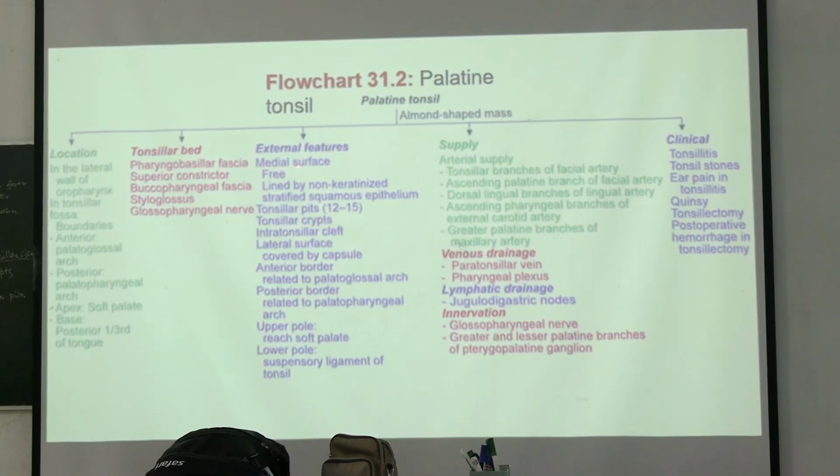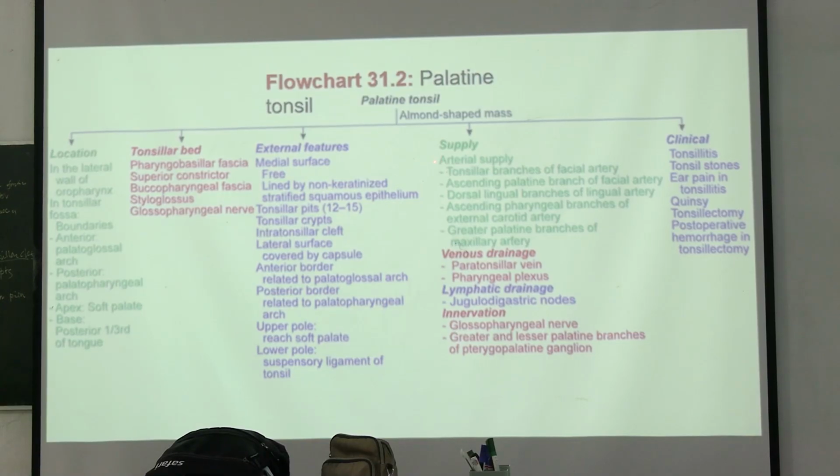The medial surface is free, lined by non-keratinized stratified squamous epithelium, with tonsillar pits, tonsillar crypts, and intratonsillar cleft. The lateral surface is covered by a capsule. The anterior border is related to the palatoglossal arch, the posterior border to the palatopharyngeal arch, the upper pole reaches the soft palate, and the lower pole has the suspensory ligament of the tonsil.